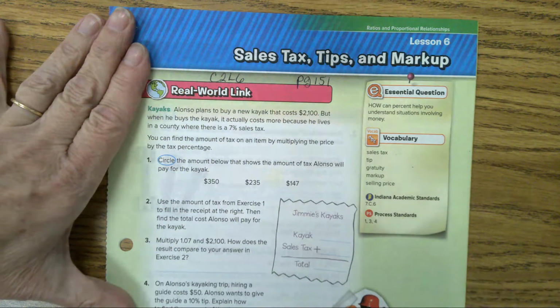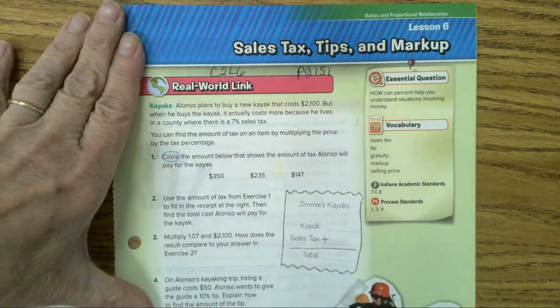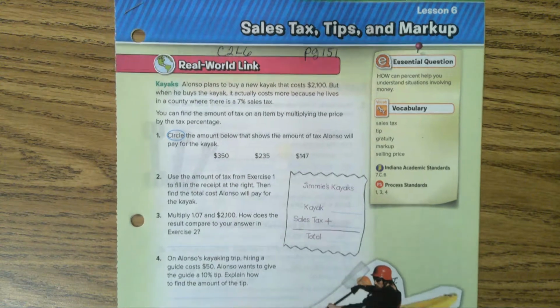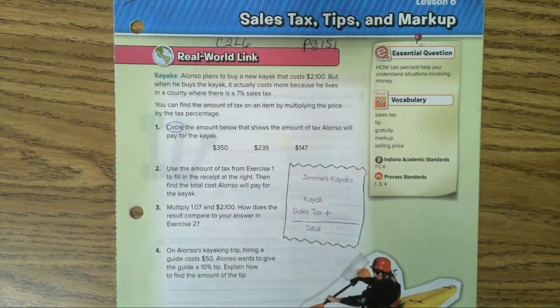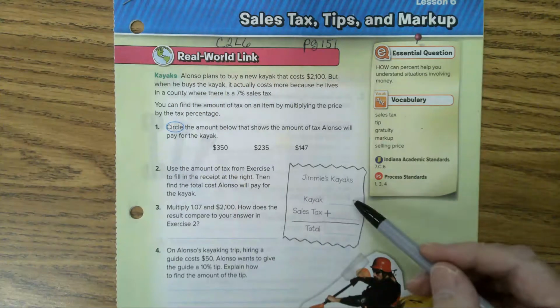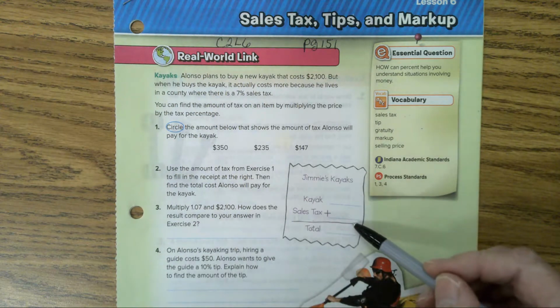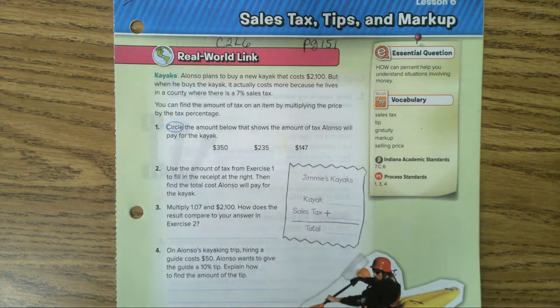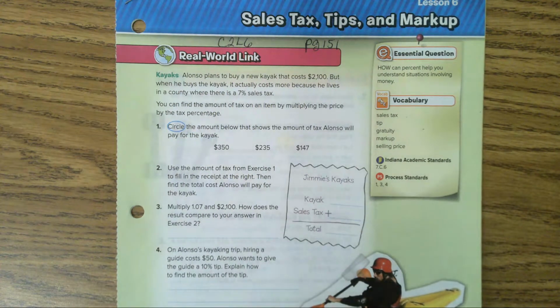Those are all different things that we are going to be talking about today. Now this first part dealt with the video that you just finished watching on Jamie's kayaks. He took the price of his kayak plus the sales tax and got the total price, which we saw on our video. So now let's go to page 152.